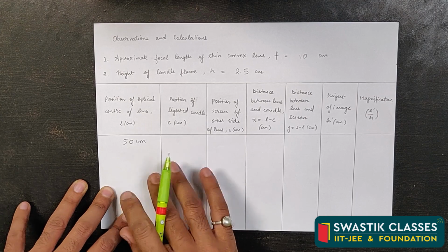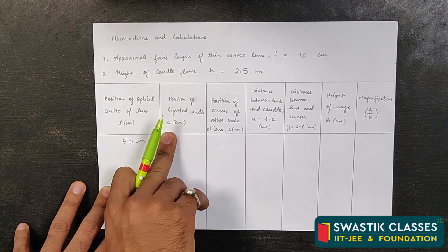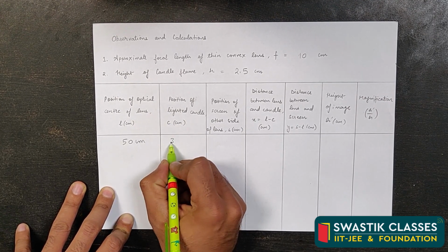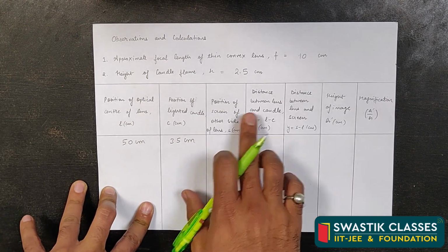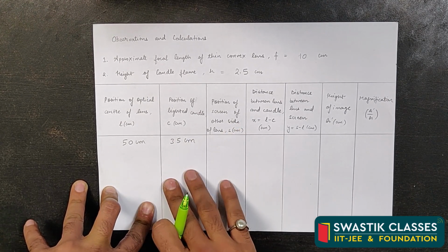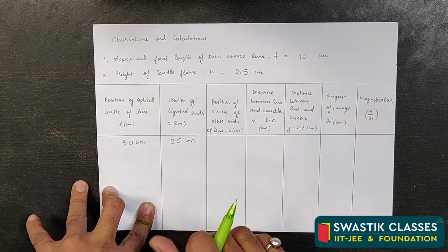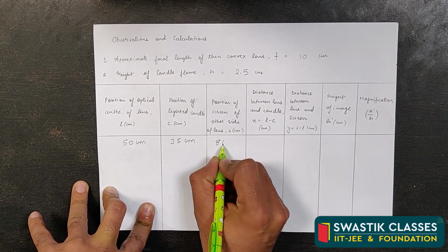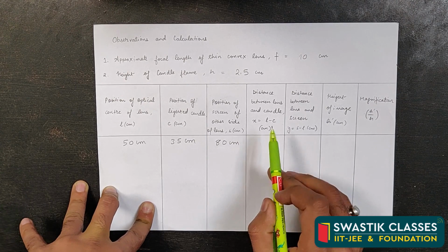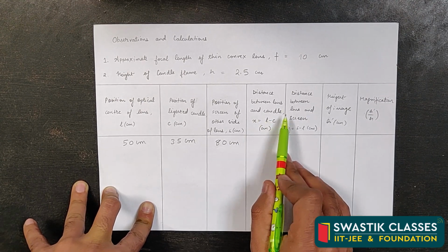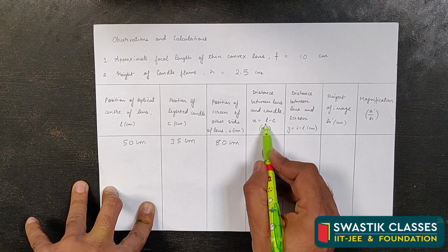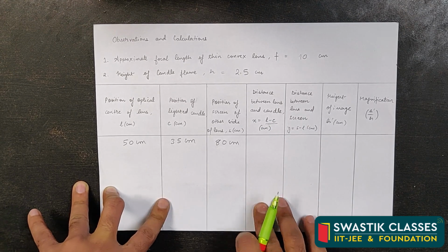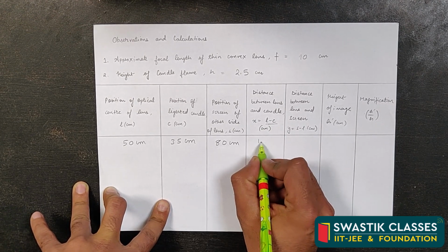The position of the lighted candle, which is denoted by C, was 35 centimeter from the origin, and the position of the screen on the other side of the lens, which is denoted by S, was 80 centimeter from the origin. The distance between lens and candle, which is denoted by X, we get by doing L minus C, and it is coming out to be 15 centimeter.